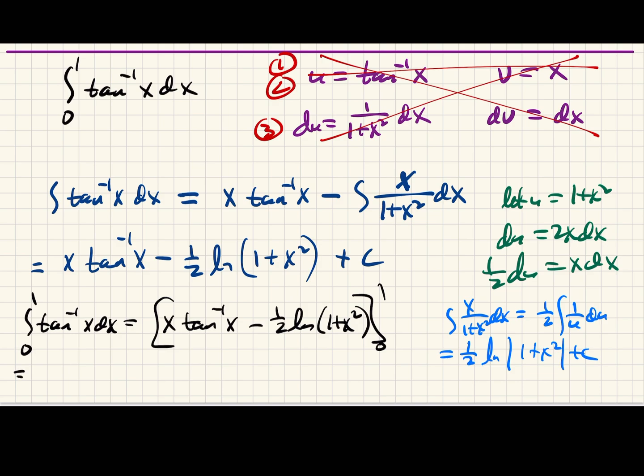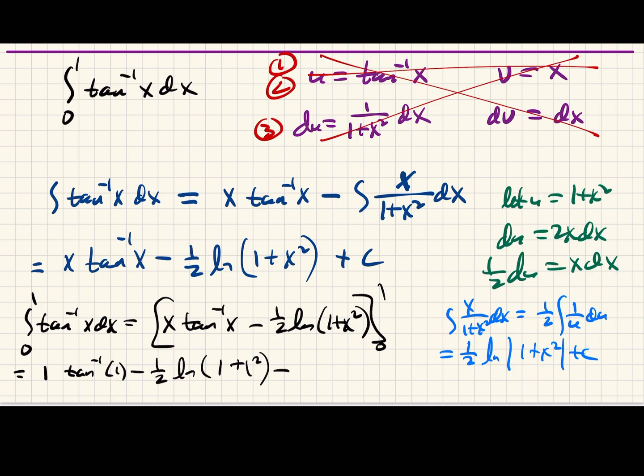So, starting with 1, we'll have 1 times inverse tangent of 1 minus 1/2 natural log of 1 plus 1 squared. Then minus, and we're going to put 0 in for the whole thing.